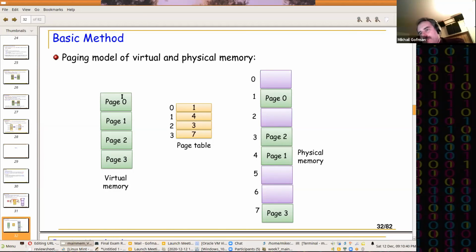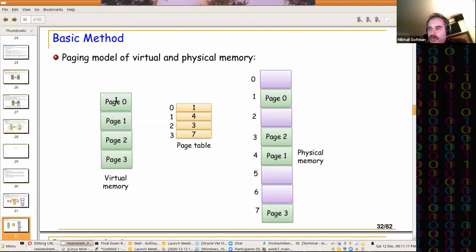As always, the virtual memory space is assumed to start at address 0, and it goes until some maximum address. The virtual address space is split into equal sized pages, and whenever a process wants to access a certain address, it will be defined by the page number of the page on which the address falls and the offset within that page.